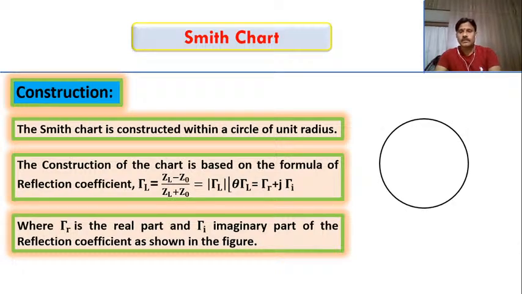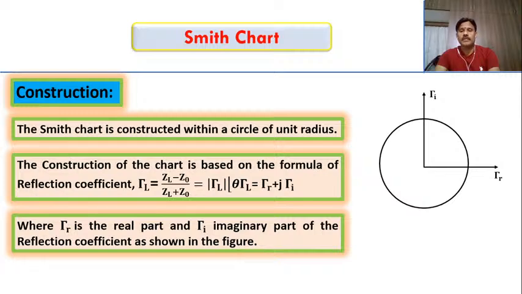So here, the entire radius is how much? 1 unit radius or 2 units diameter. Within this, if you take the x-axis as the real part gamma R, then what will be the y-axis? Its imaginary part, that is gamma I. Then if you see at the origin, what are the values of gamma and S?